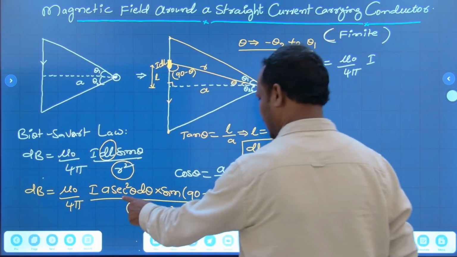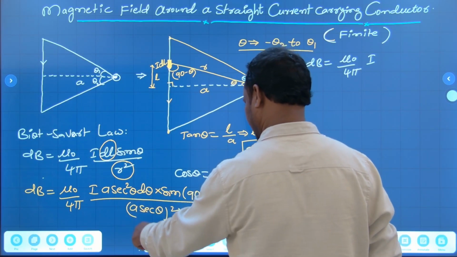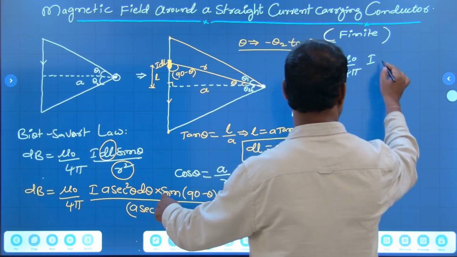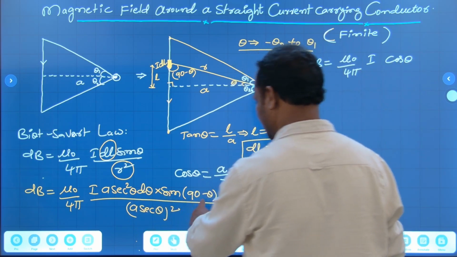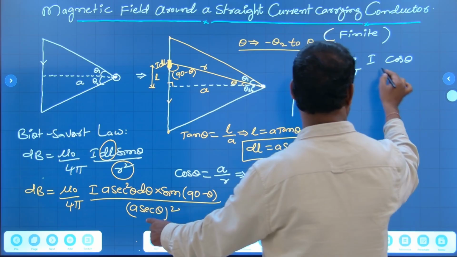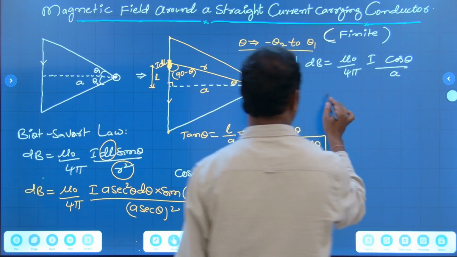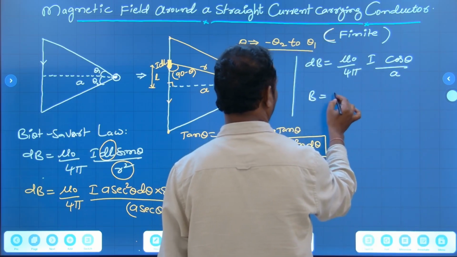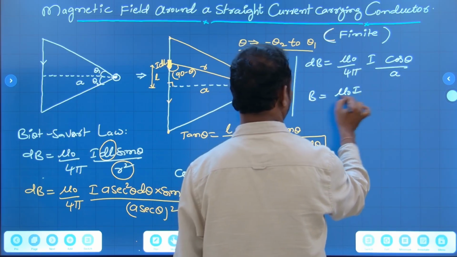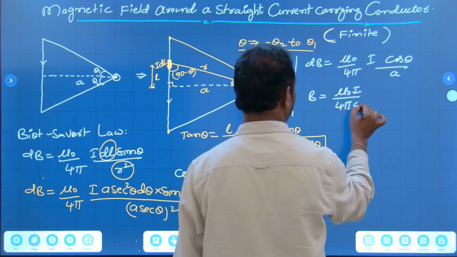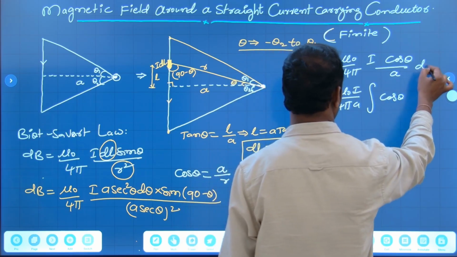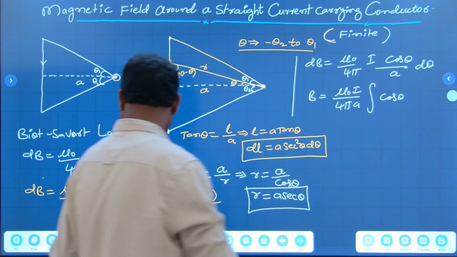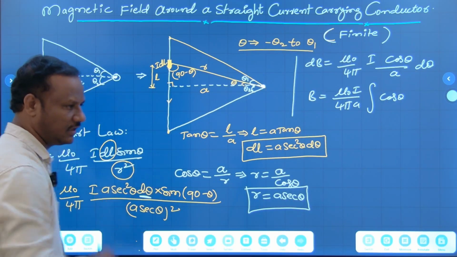Sin 90 minus theta is cos theta. So B is equal to mu naught I by 4 pi A times the integration of cos theta d theta.